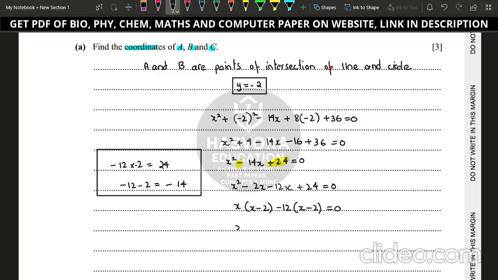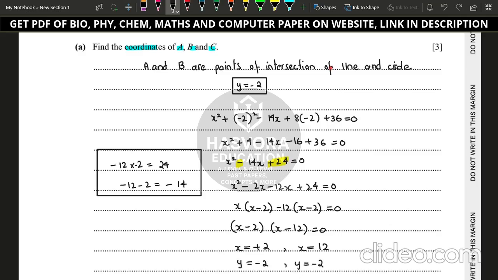This will give you the factors x minus 2 and x minus 12 is equal to 0. So x will be 2, and the other will be x is equal to 12. Okay, and the y coordinate we already know is minus 2. So this will be minus 2.